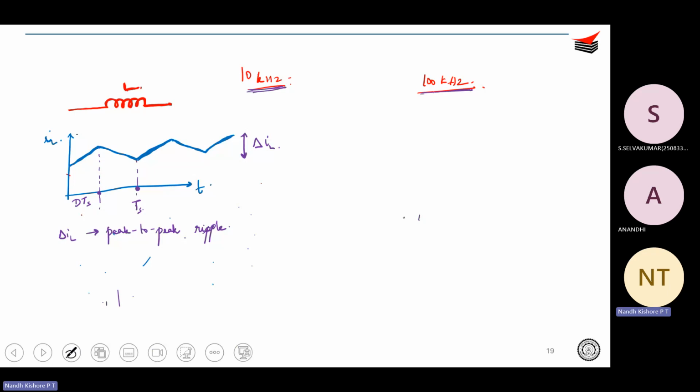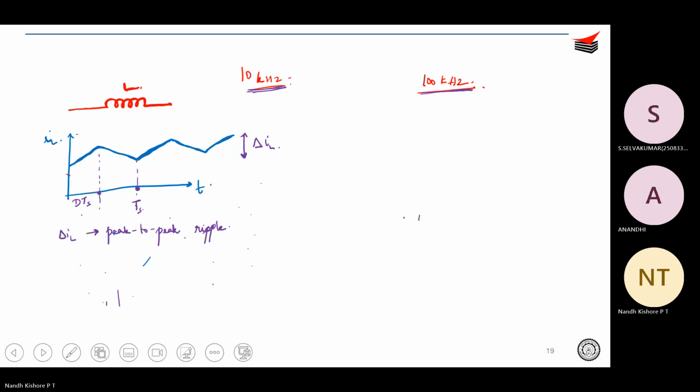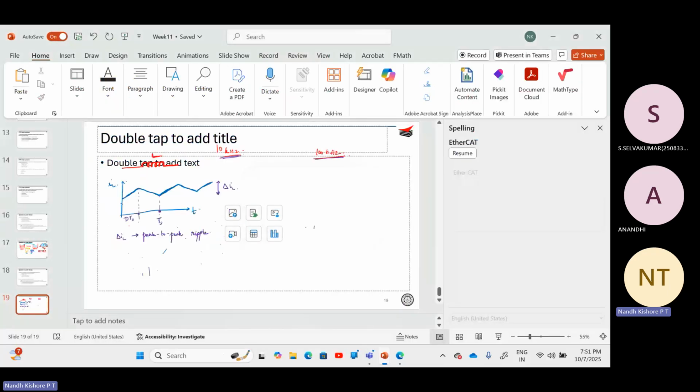Where will the ripple be more? Will it be more in the 10 kilohertz case or in the 100 kilohertz case?